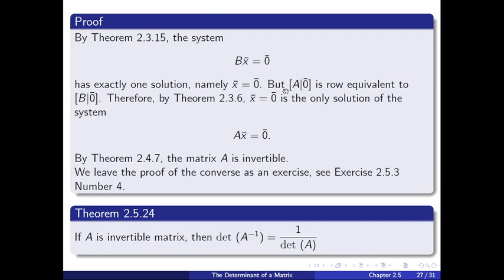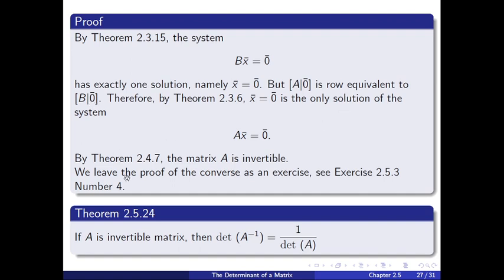Now we know that A is row equivalent to B. So from theorem 2.3.6, the only solution for the system AX equal to the 0 vector is also x equal to the 0 vector, and this is because the system AX = 0 is row equivalent to the system BX = 0, right?